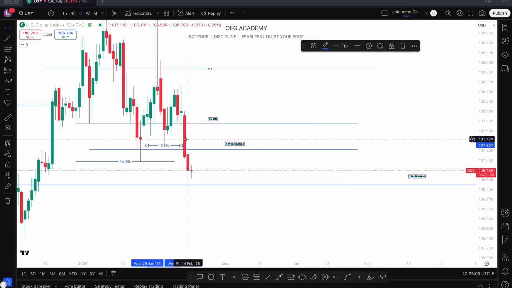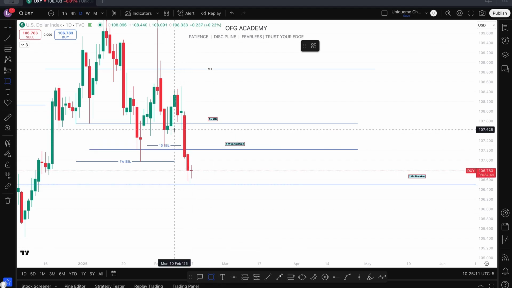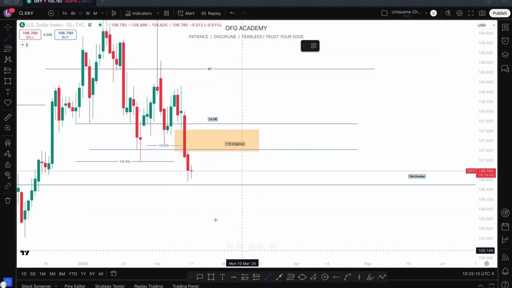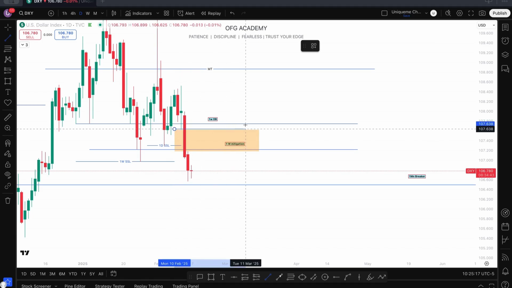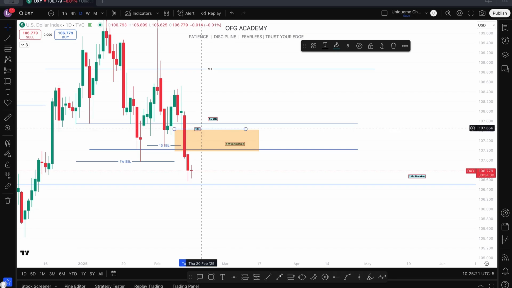And I have an imbalance around here, making this also an OB from 1 day, because an order block includes an imbalance, and this is the closest order block, this one here, which has an imbalance. Can you see that here?